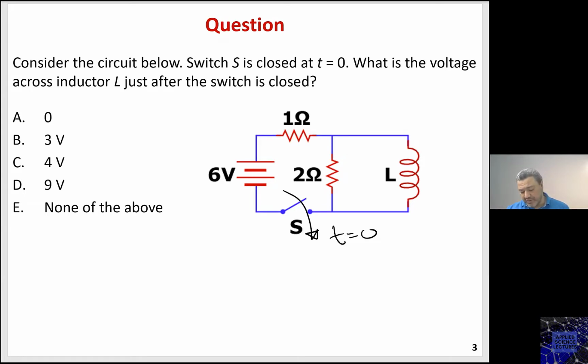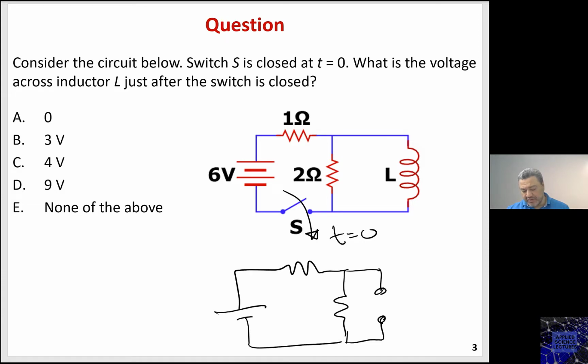So I can now redraw the circuit and treat this inductor as if it is an open circuit. So I have 2 ohm, 1 ohm, and 6 volt, which means that the voltage across the inductor is the same as the voltage across the 2 ohm. How do I calculate this?